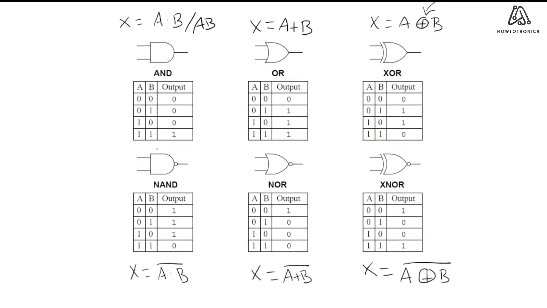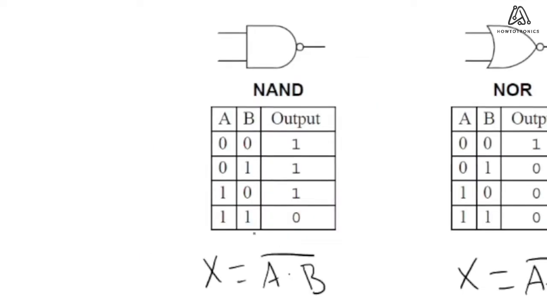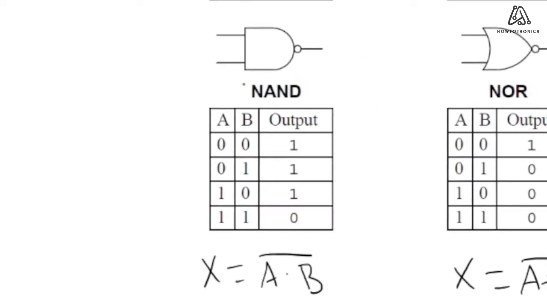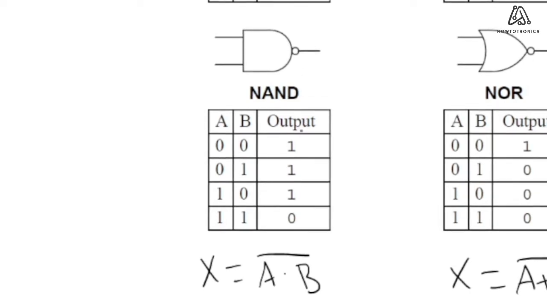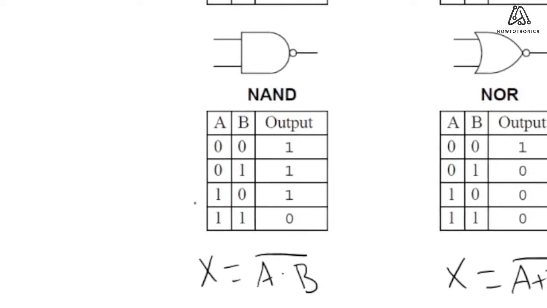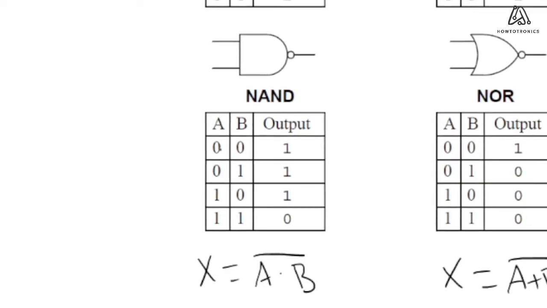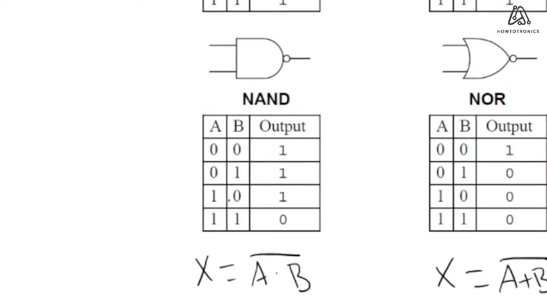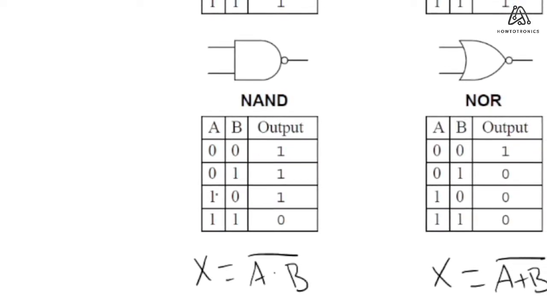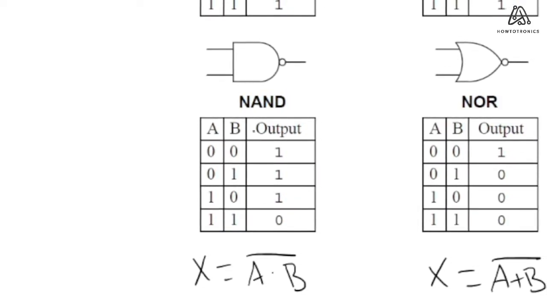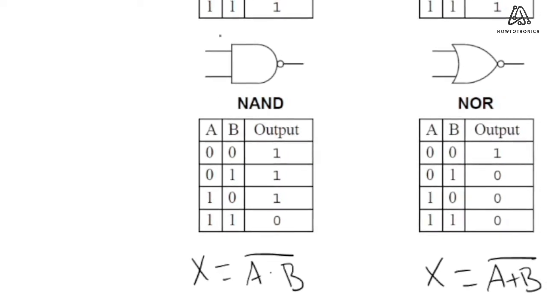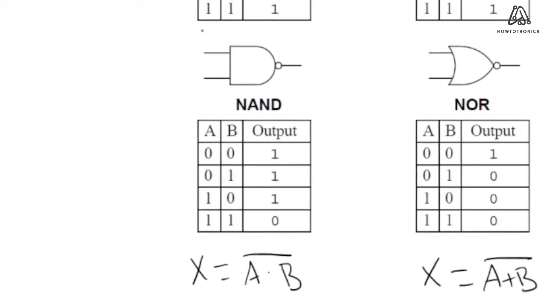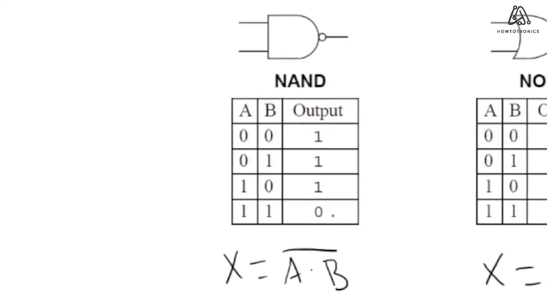If you haven't noticed already, these are all lined up with their corresponding gates. So AND and NAND. If you look here, this is the complete opposite of the AND gate. When we have a logic input of 0 and 0, we get output 1. Logic 0 and 1, output is 1. Input of 1 and 0, we get output 1 again, but in comparison to the AND gate, when we have 1, 1, we get 0.